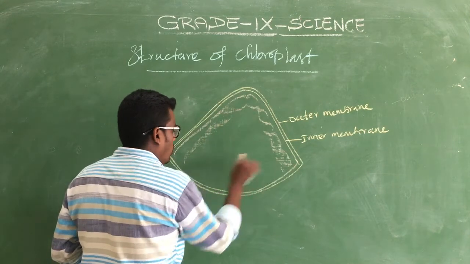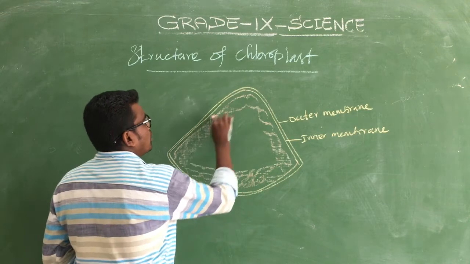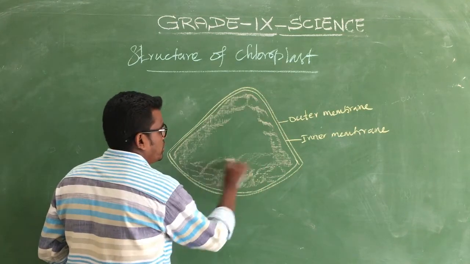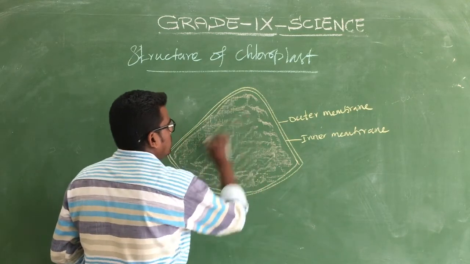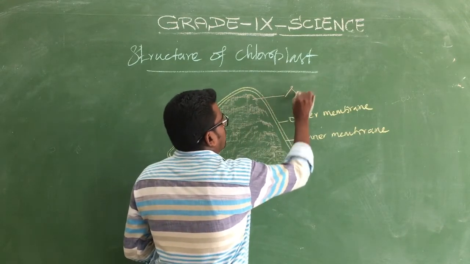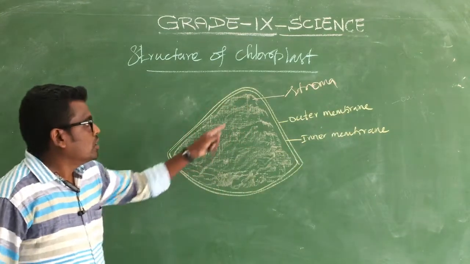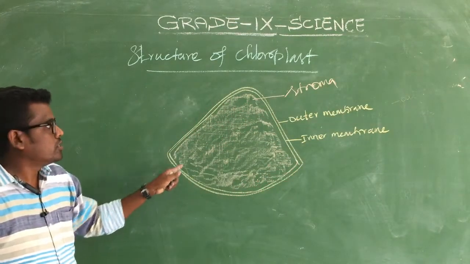Inside the chloroplast, the membrane structures are embedded in a fluid material. This fluid material is called stroma. This is the structure of the chloroplast.